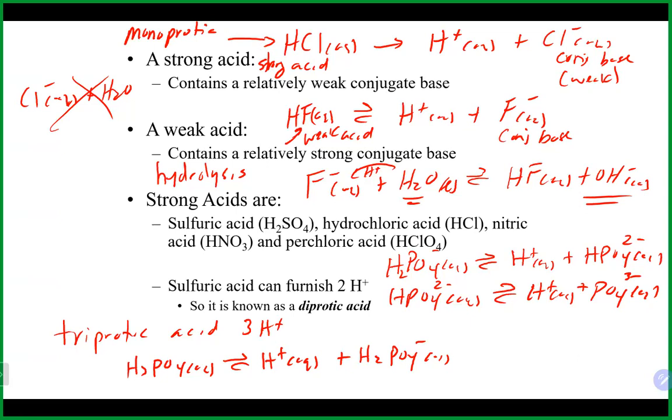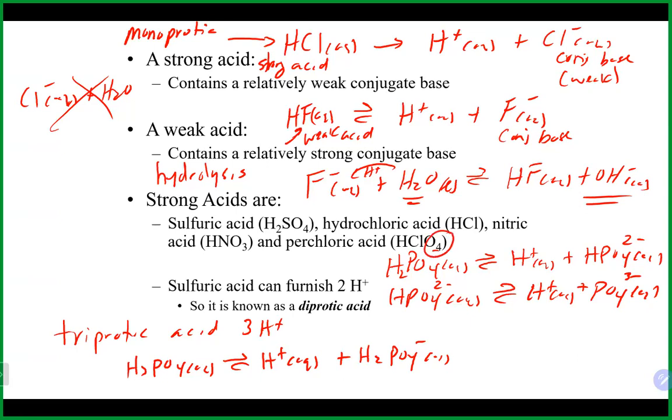Is it easier to take away, say, the first hydrogen or second hydrogen when you have a diprotic or triprotic acid? Which one's easier to come off? It's actually the first one that's much easier to come off. That thing's neutral. So when you release the H plus, you now end up with a negative charge, and you're trying to remove something that's positive.